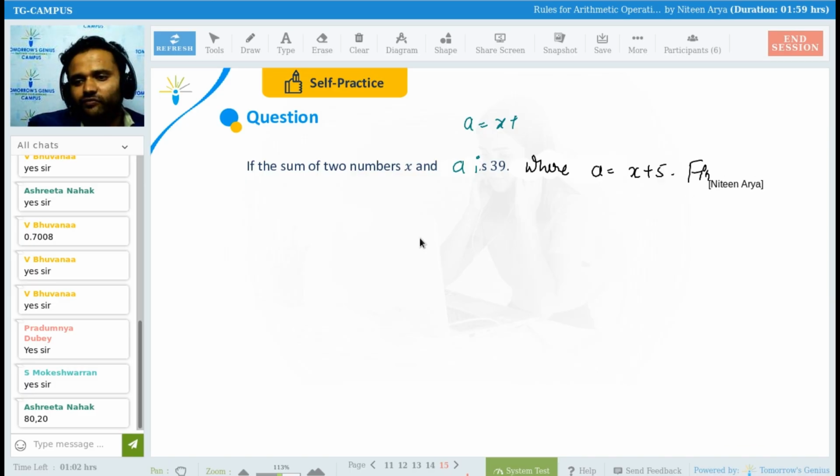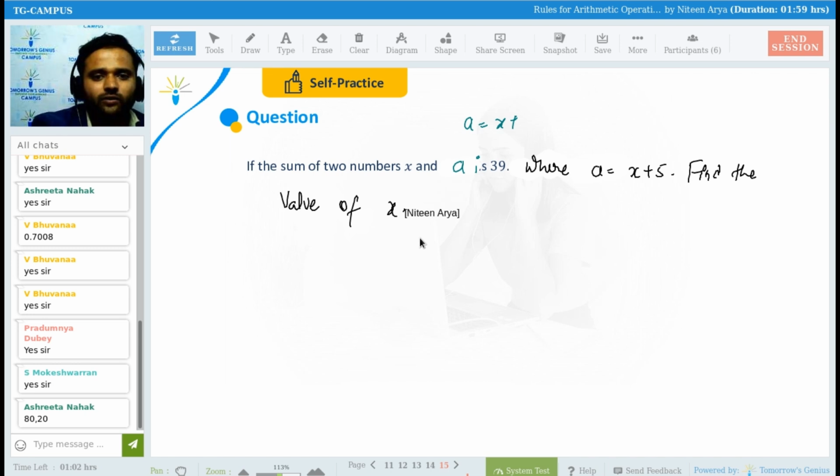Then find, even this one is easy, find the value of x. Okay, do that.